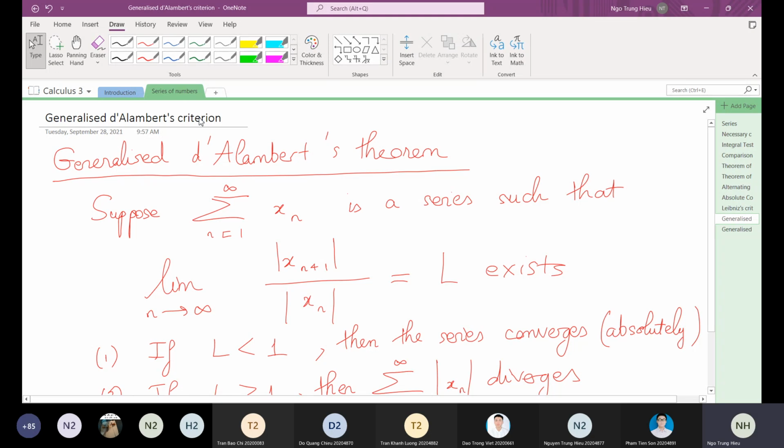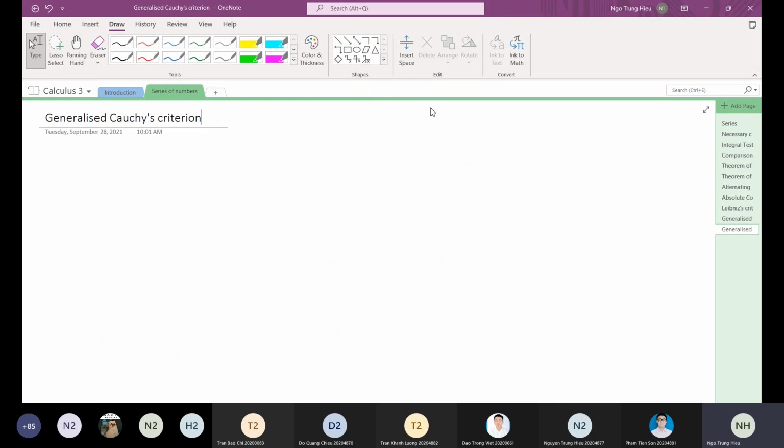All right, so let us change this theorem to criterion. So as before, you can guess what this criterion says. Generalized Cauchy criterion.